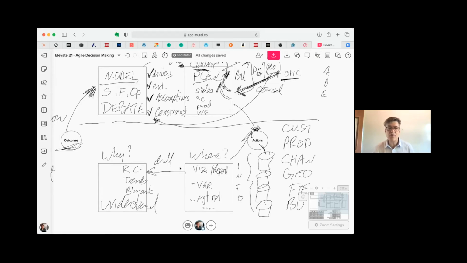Maybe we do some external benchmarking. But the point is, we drill down into that detail so that we can get better at making better decisions. And then what happens here is, I think nirvana for a connected planning organization right here, pretty much anybody in your organization that gets to play in this process has some new insight that they hadn't had before.